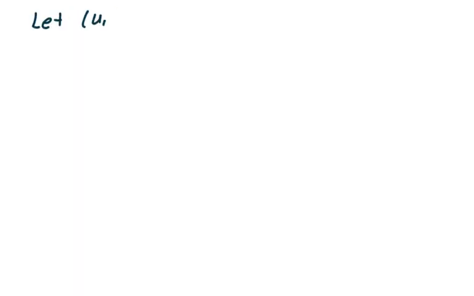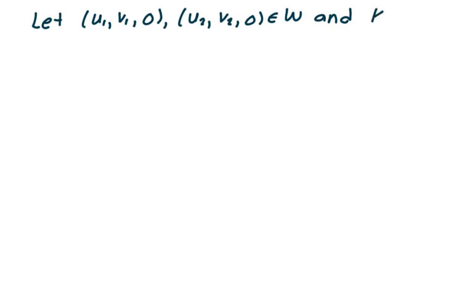We'll call it (u1, v1, 0) and (u2, v2, 0) belong to W, and we're going to let k be a scalar. Now, let's go ahead and check closure under vector addition.